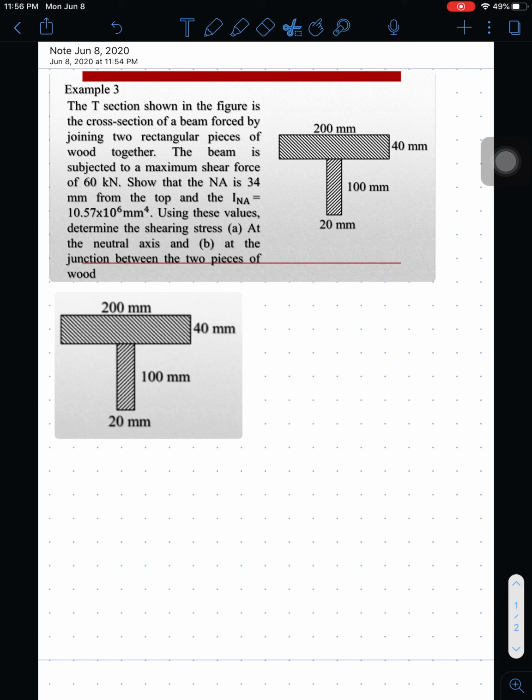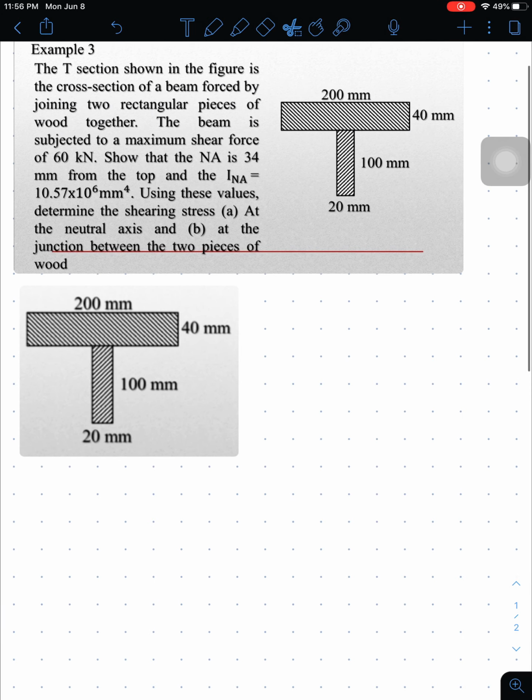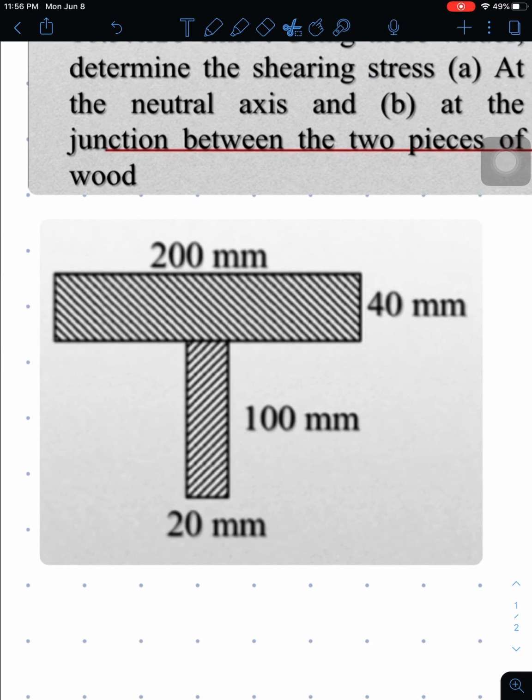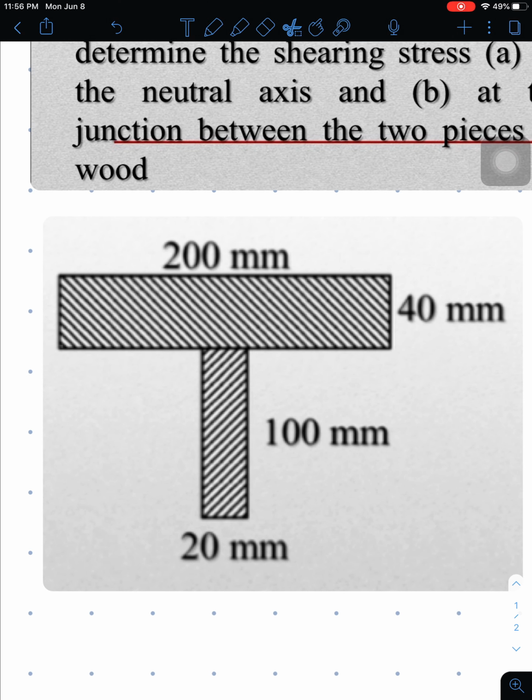So it's the Vmax. And show that the neutral axis is 34 millimeters from the top, and the moment of inertia is 10.57 times 10 to the 6th millimeters to the 4th. Okay. So first, let us consider this one as our first area.